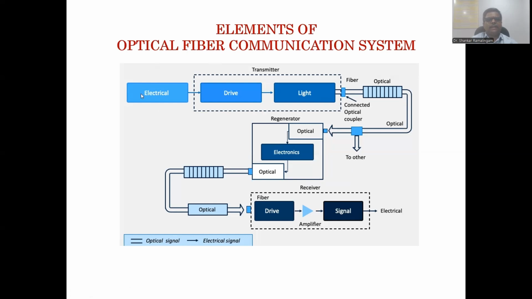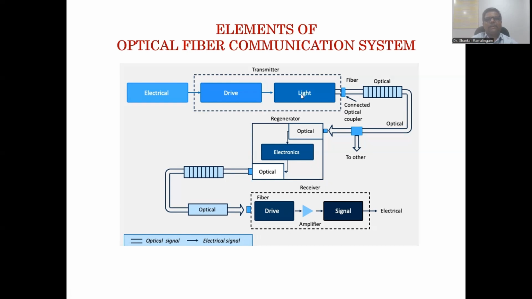So this is the electrical part of our optical fiber communication system, where our actual source is going to give the information, and that electrical part is going to give out its input to the transmitter part of our optical fiber communication system, where we have our driver circuit, which is going to convert our electrical signal into its equivalent light input.